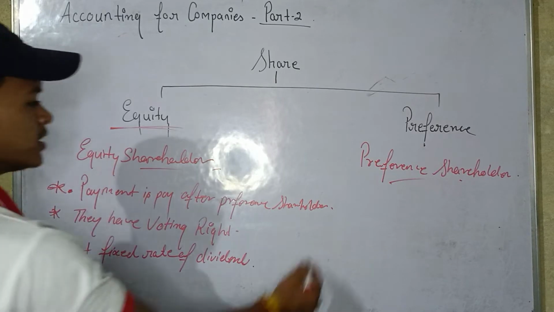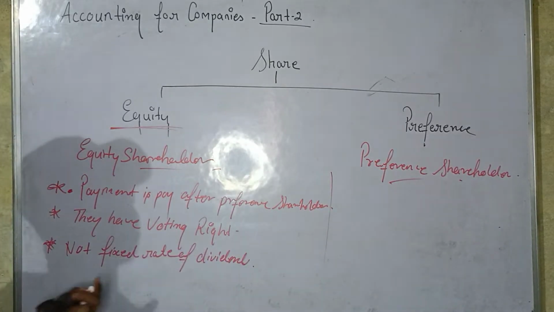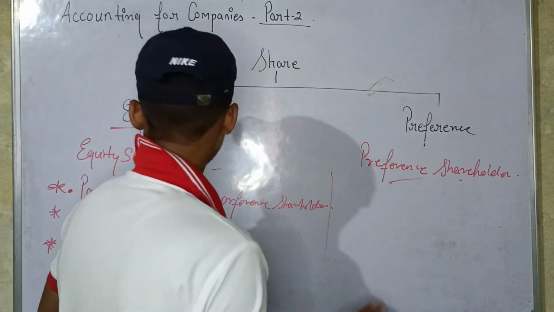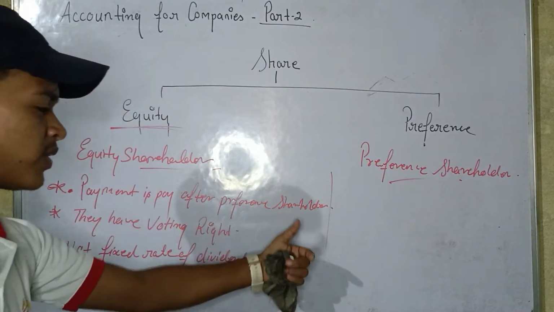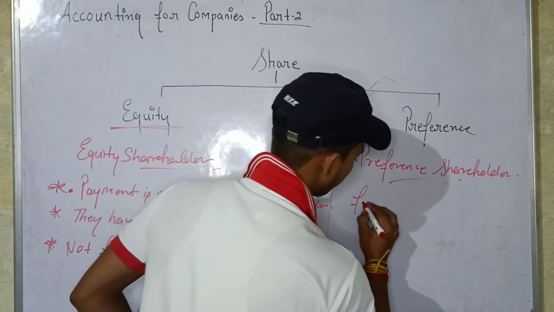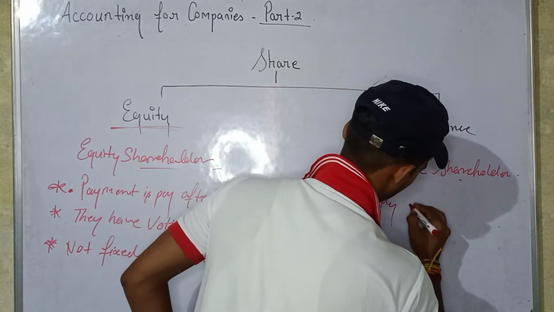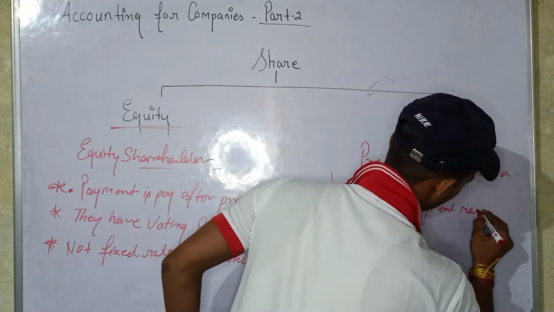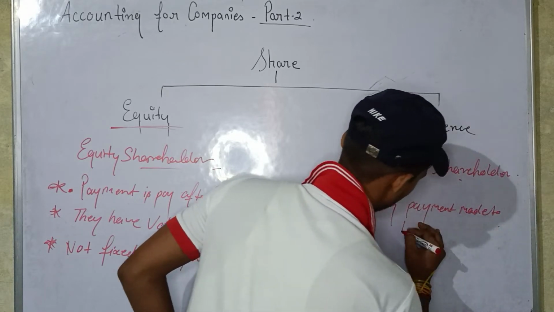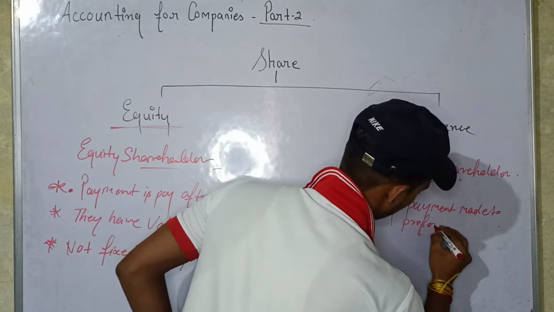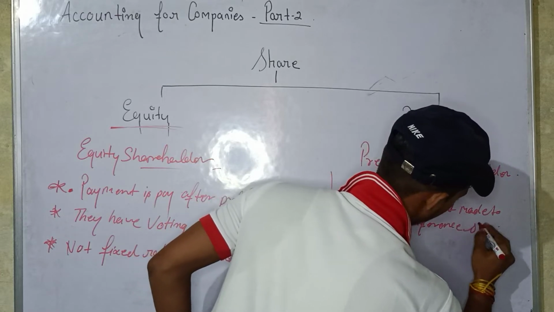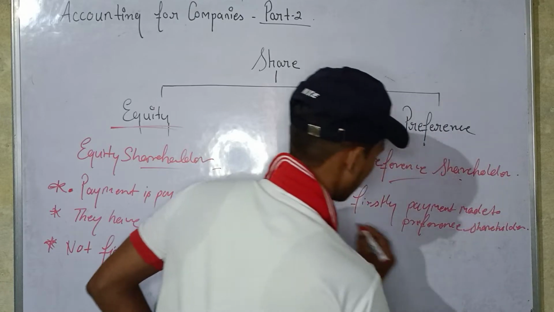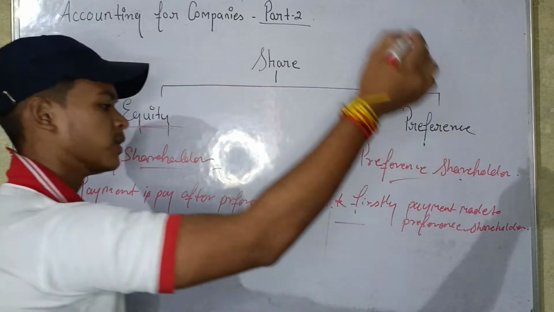Okay, there are three differences between equity shareholders and preference shareholders. First point: payment is made after preference shareholders. Firstly, payment is made to preference shareholders.